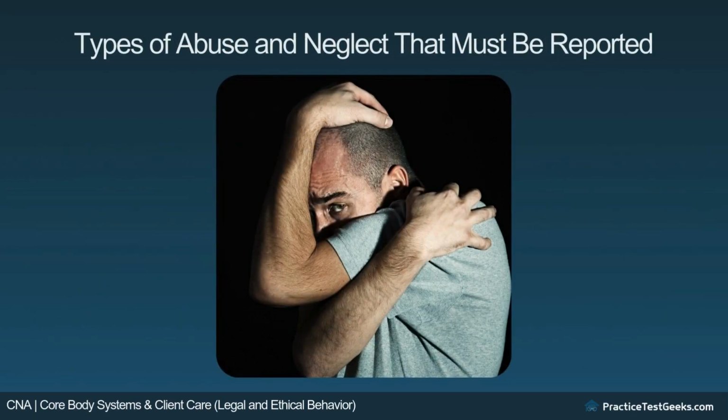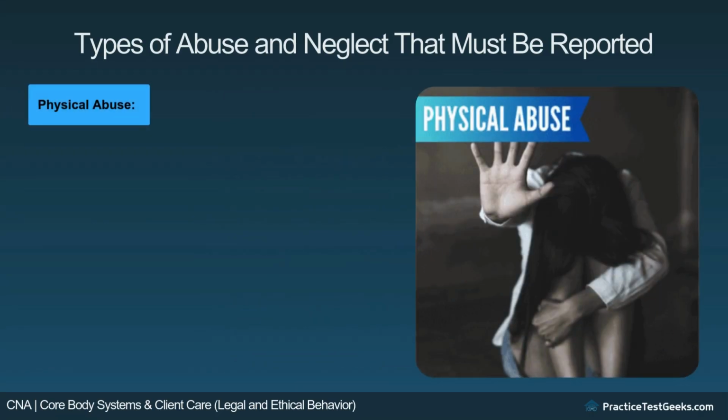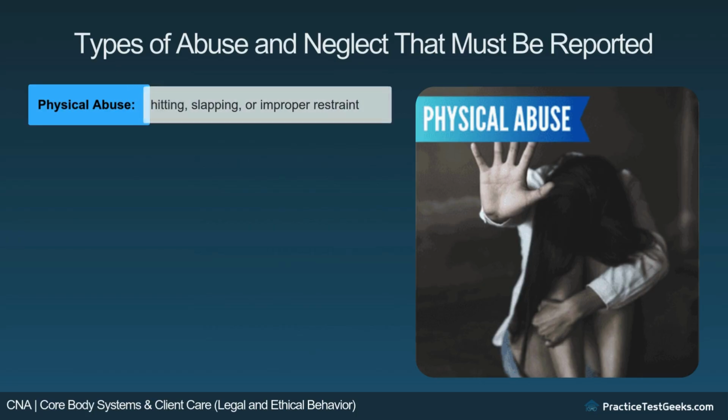Types of abuse and neglect that must be reported. This module provides a comprehensive overview of various forms of abuse and neglect that CNAs must be vigilant about and report without delay. It covers physical abuse: intentional use of physical force causing injury or harm, such as hitting, slapping, or improper restraint.